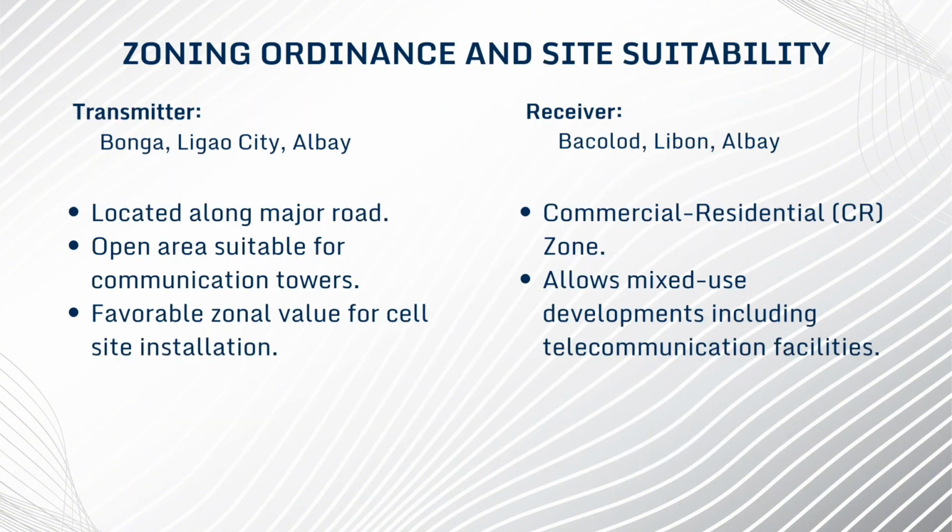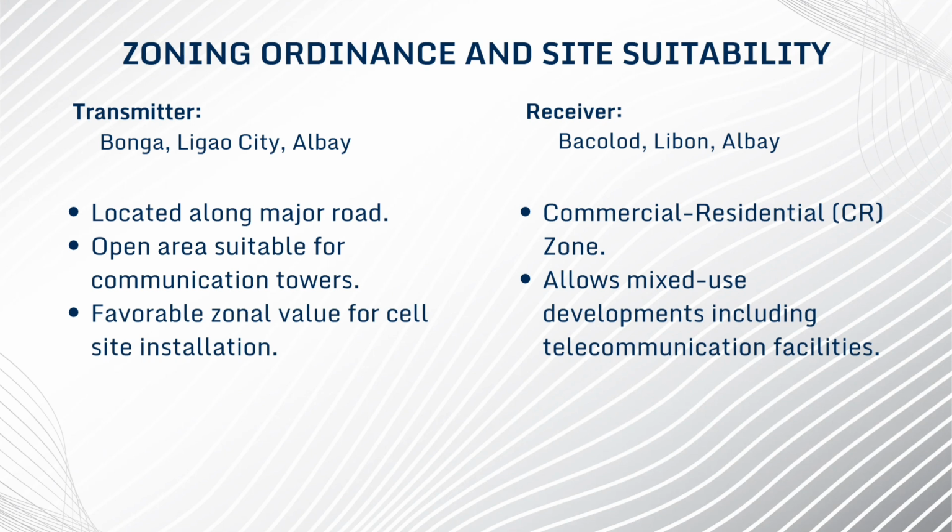Here is the zoning ordinance and site suitability for both locations of the transmitter and receiver, which are situated at Bongaligal City, Albay and Bacolod, Libon, Albay. The transmitter located at Bongaligal City, Albay, is along a major road, in an open area suitable for communication towers, with a favorable zonal value for a cell site.